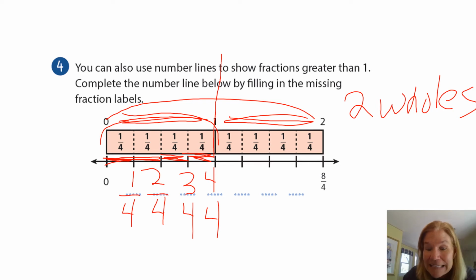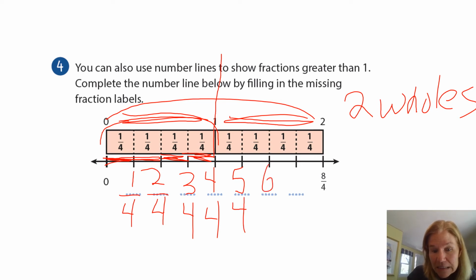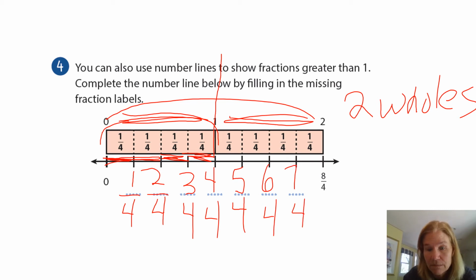If I go into my next whole, I have this whole whole, which is 4 equal parts, plus one more of those equal parts gives me 5/4, 6/4, 7/4, and 8/4. I know that 8/4 is the same thing as my 2 wholes.